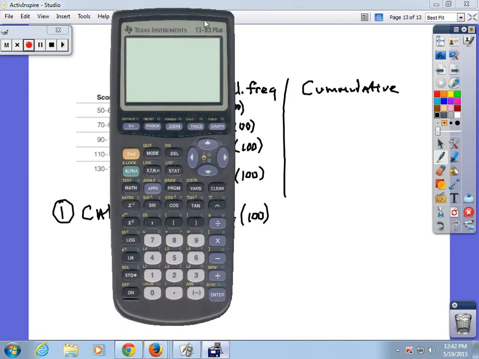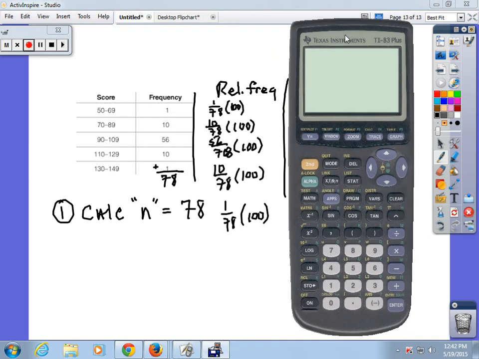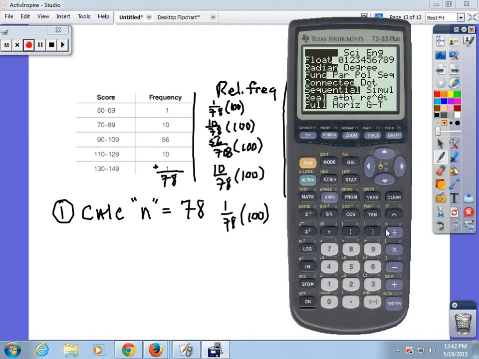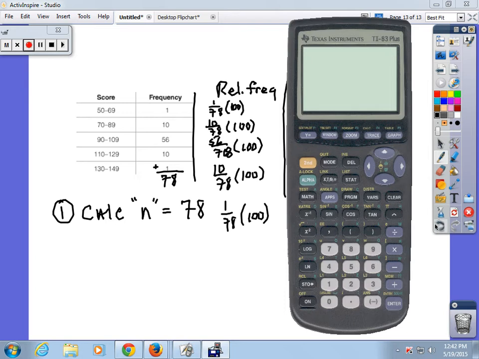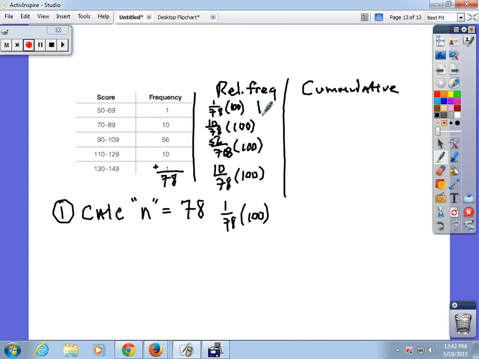I've found sometimes when I ask the class to tell me what things are, they tell me different things, so I just do it myself. 1 divided by 78 times 100, and that's 1.28, so that's about 1%. So the first and the last is 1.3%. So you put 1.3 here, percent, and 1.3 here.